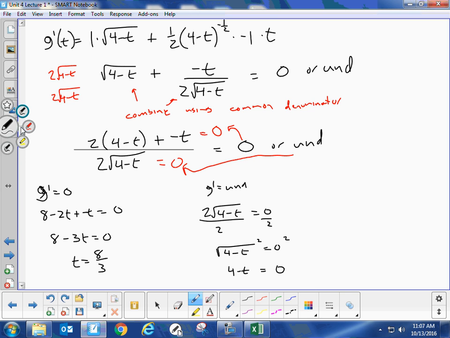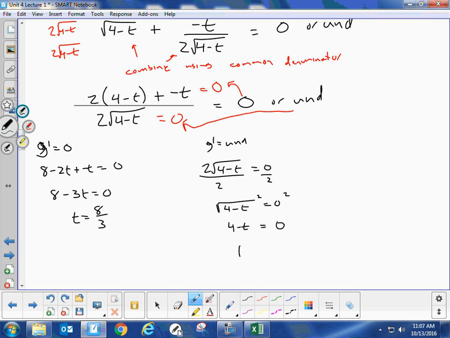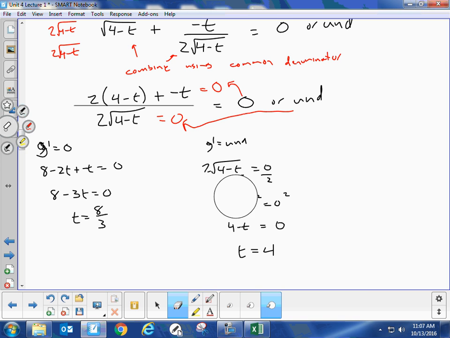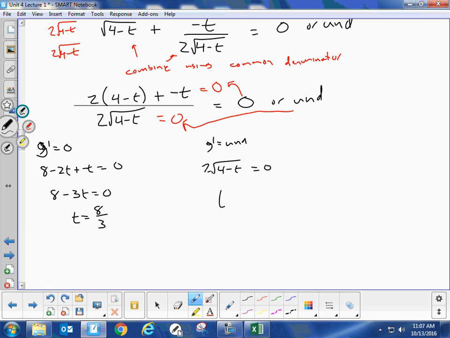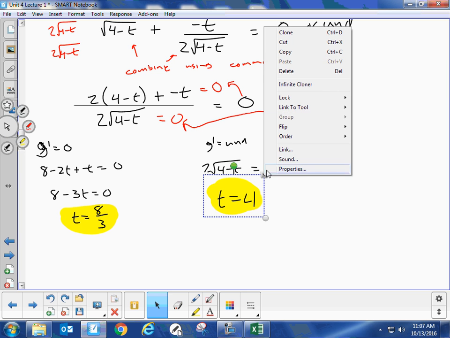It just ends up getting rid of one thing at a time, getting me t is equal to 4. Okay, and I could have just figured that out in the first step if I wanted to. Now, I have found my critical points, my possible locations of maxes and mins. Okay, it's kind of involved, but that's what you got to do sometimes.